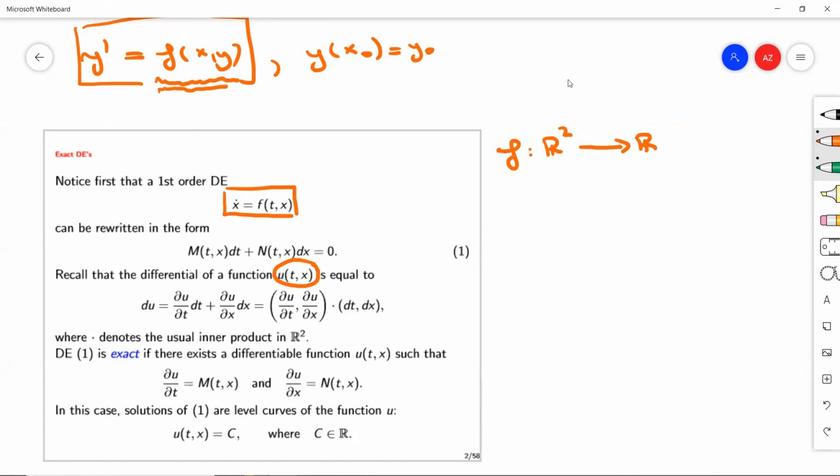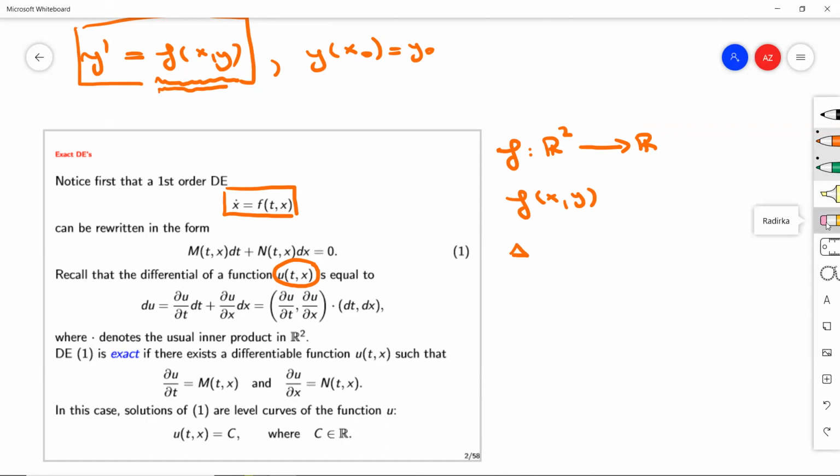It has variables x and y. They are not connected, they are independent. So f of x and y. And so what is the change of f?